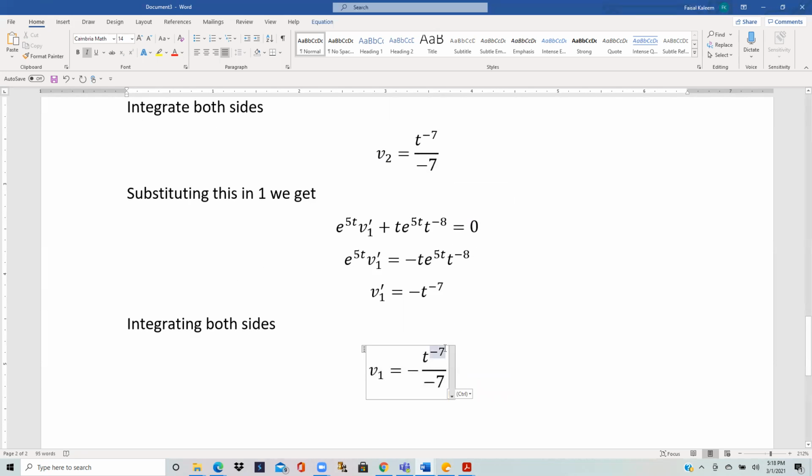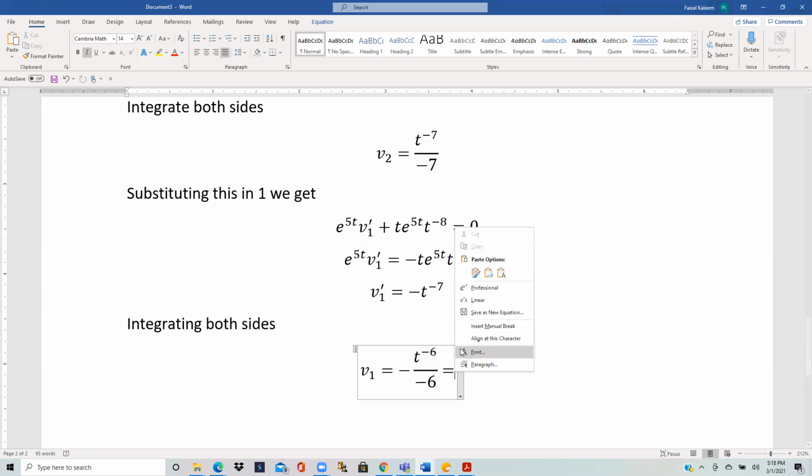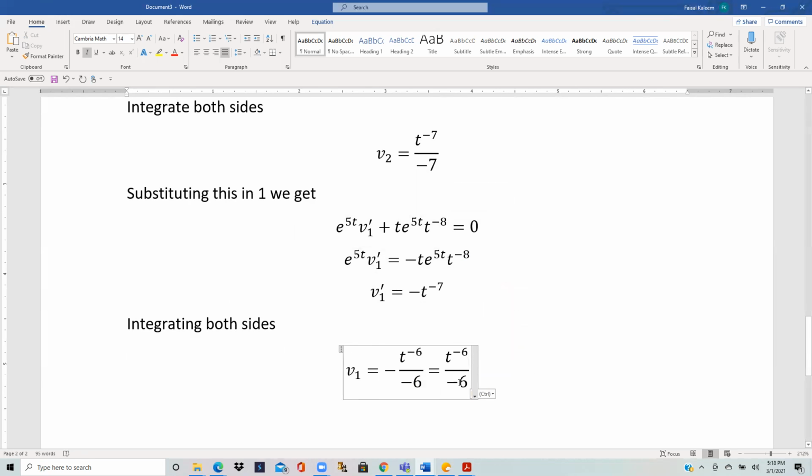And so this becomes just positive, the negatives go away: t to the negative 6 over 6.